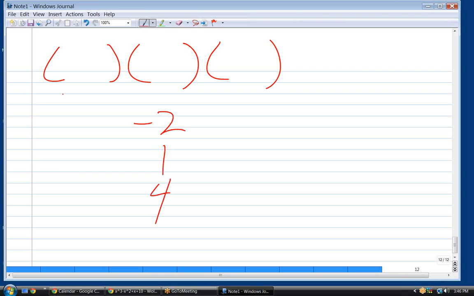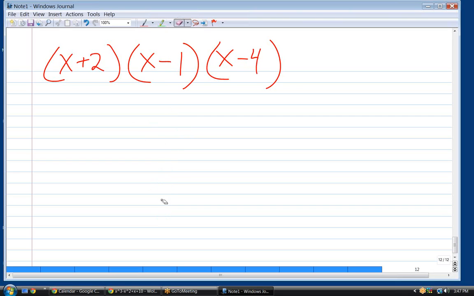Okay, so what are my linear factors? There'll be x plus 2, x minus 1, and x minus 4.